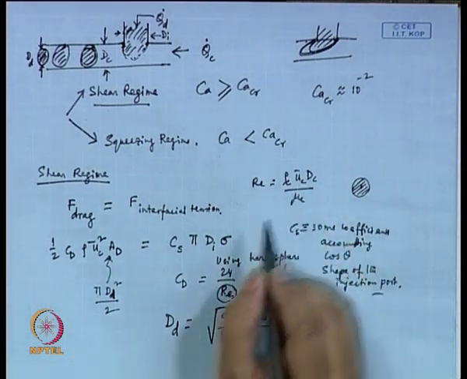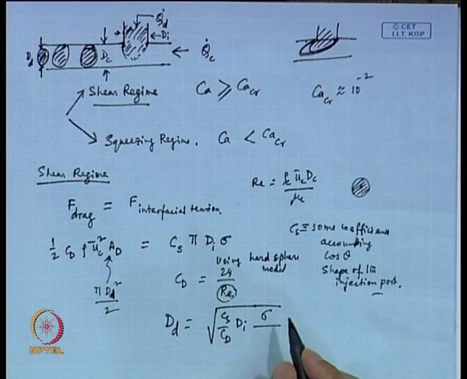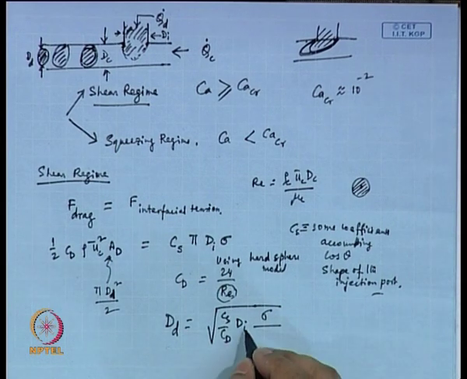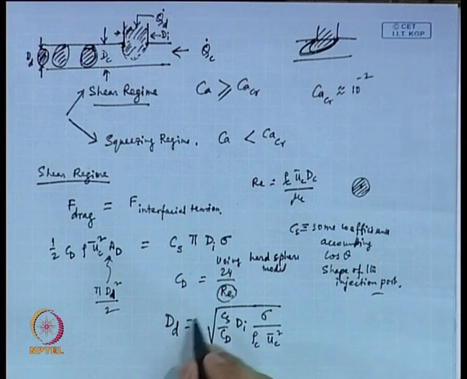Okay, we can call this uC bar, we are talking about uC bar here. So, this is something we have, and d_i σ divided by ρ_c uC bar squared.